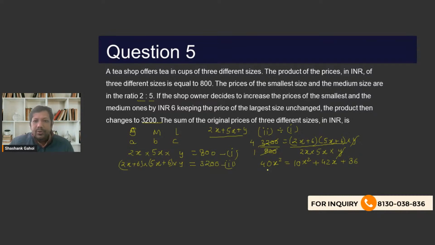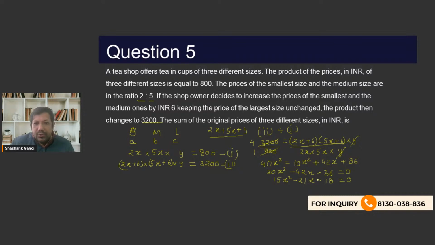So from here I get 30x square minus 42x minus 36. Divide the whole equation by 2. So I get 15x square minus 21x minus 18, and that's equal to 0.